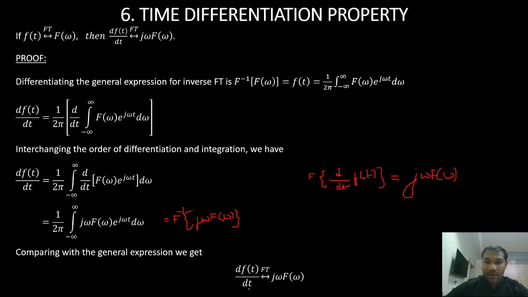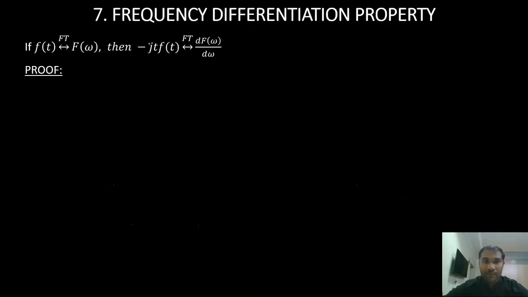This is what we are writing in symbolic form. d by dt of f of t has a Fourier transform of j omega f of omega. So if I differentiate my time signal with t, then my Fourier domain is going to be multiplied with j omega, right?